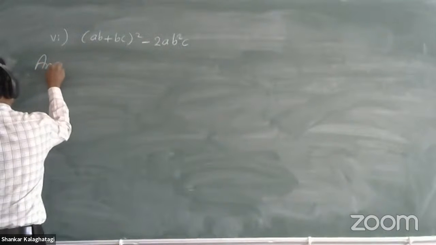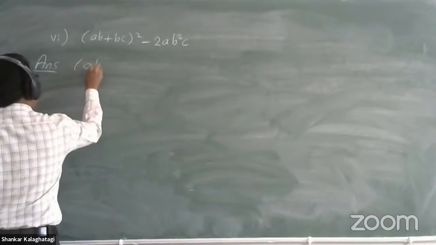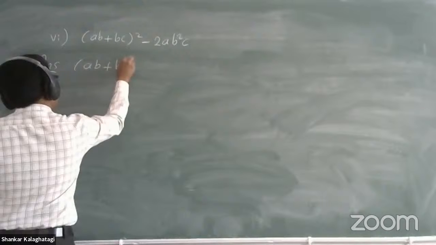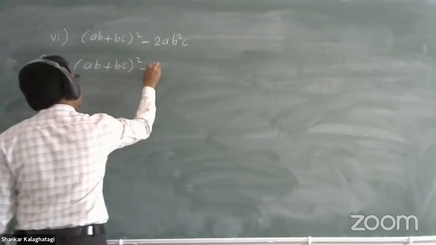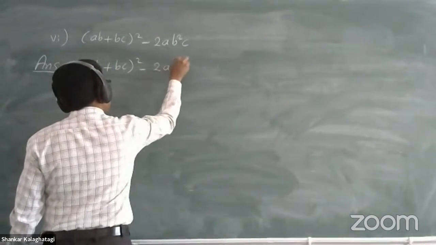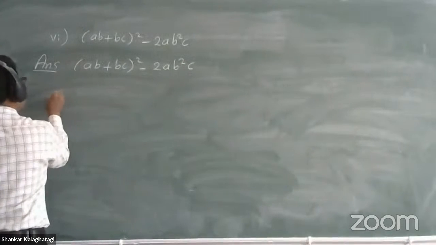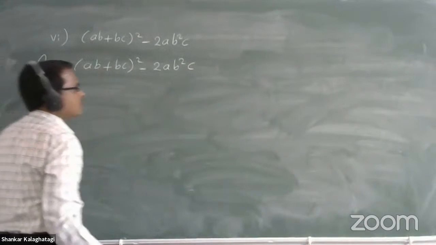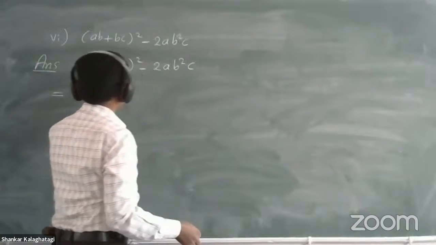Answer: (AB + BC)² − 2AB²C equals, here also A is there.